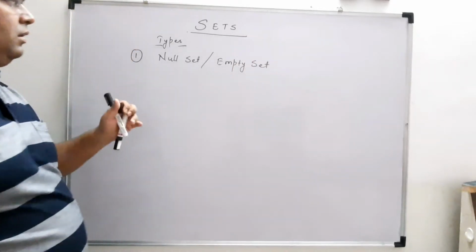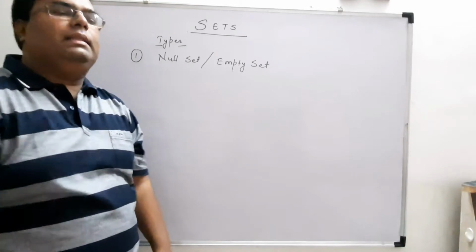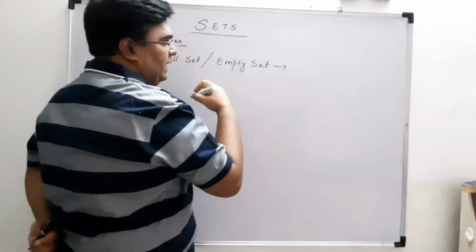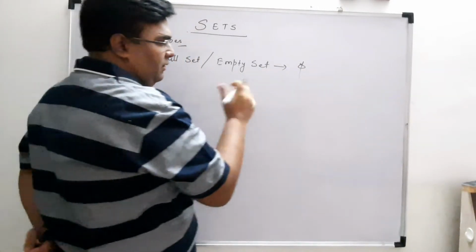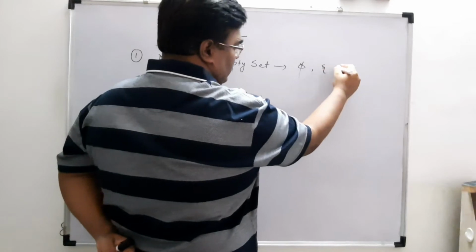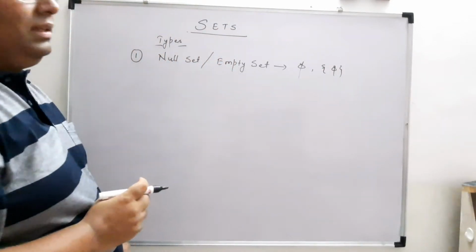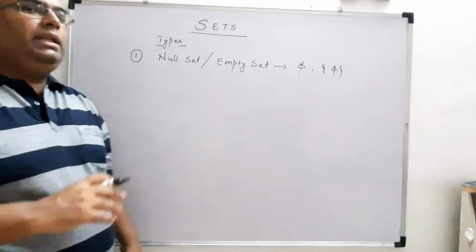Okay, the name is clear. Empty means what? There is nothing in that set. So we denote this set as either in some books just like this, and in some books it is like this, right? So this means that there is nothing in the set. Any example?